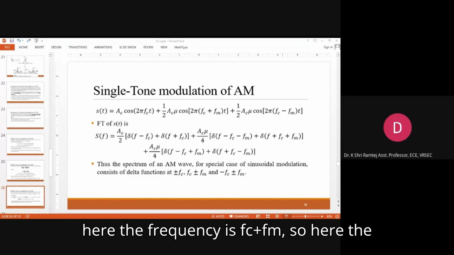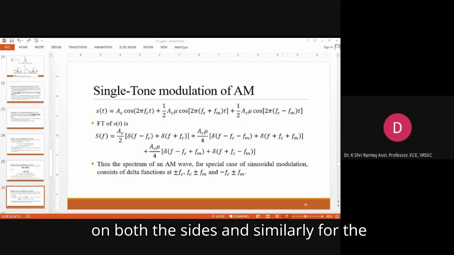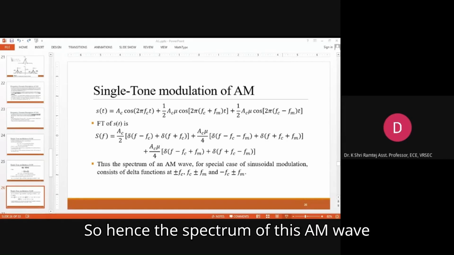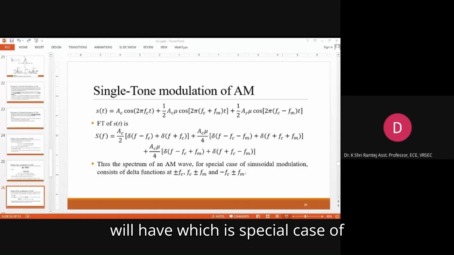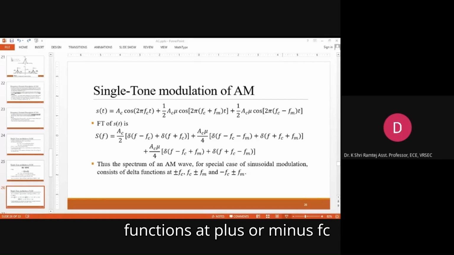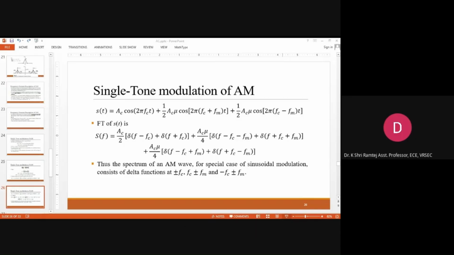Since the frequency is fc plus fm, the delta function will be shifted by fc plus fm on both sides. Similarly, for the third term, the frequency will be fc minus fm. Hence the spectrum of this AM wave, which is a special case of sinusoidal modulation, will have delta functions at plus or minus fc, fc plus or minus fm, and minus fc plus or minus fm.